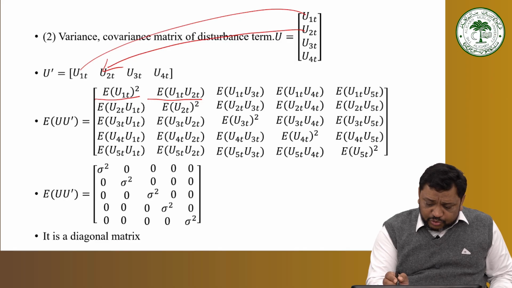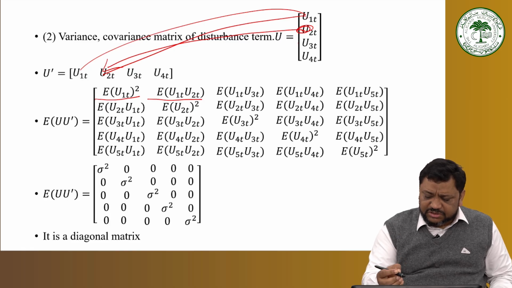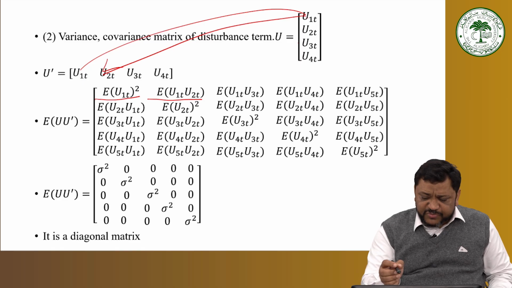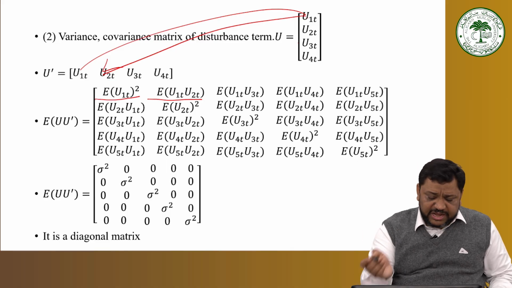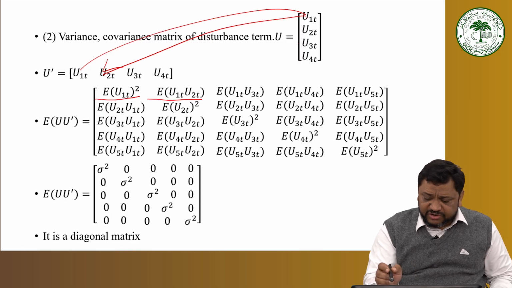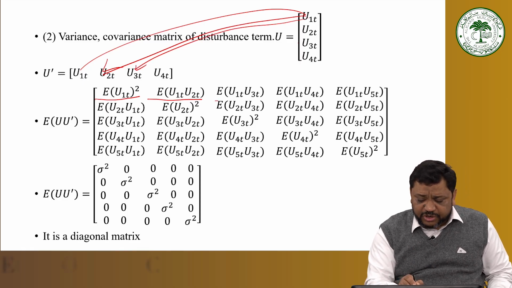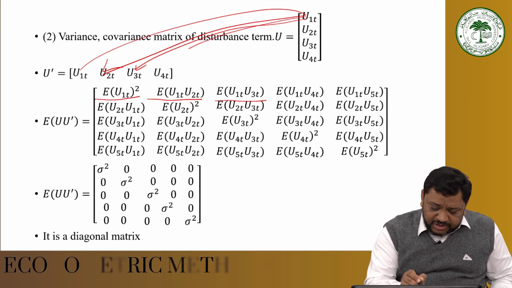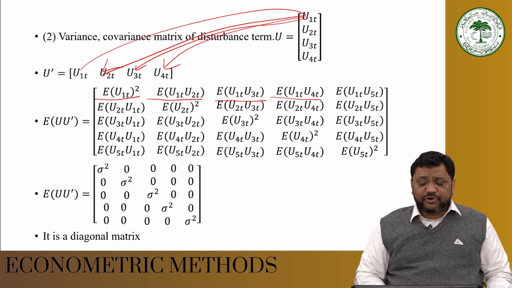Then U1t is multiplied with U3t, so we get the expected value of U1t, U3t, and then U1t with U4t, so we get U1t, U4t.